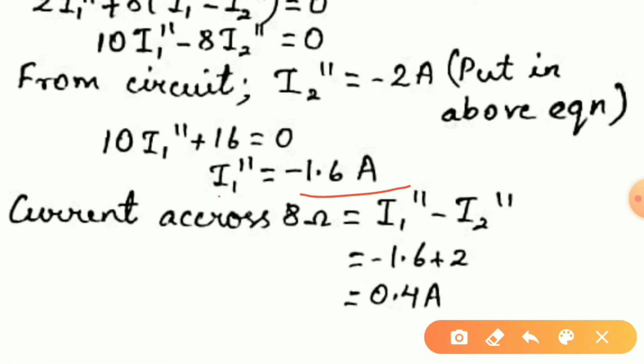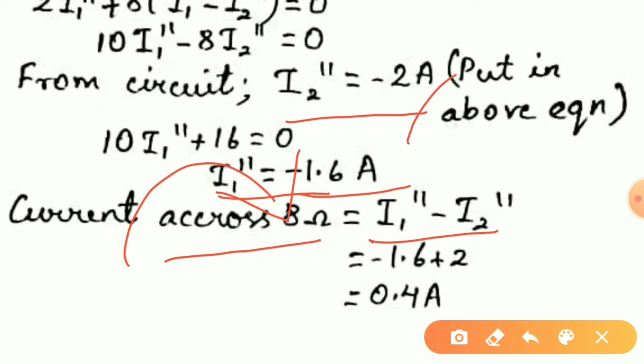So we have the values of both I1 double dash and I2 double dash for the circuit. The net current flowing through 8 ohm will be the difference of the two currents because of the opposite directions of the current entering 8 ohm. That will be equal to minus 1.6 plus 2 amp, which is equal to 0.4 ampere.